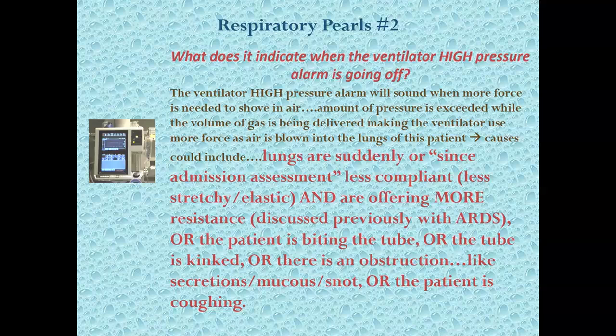And as air is trying to flow into the circuit, air going out needs air coming in, and that creates an obstruction, and the high pressure alarm will go off. So again, whenever the high pressure alarm goes off, that means that there's some kind of obstruction or resistance to the flow of air being pushed into the patient's lungs by the ventilator.